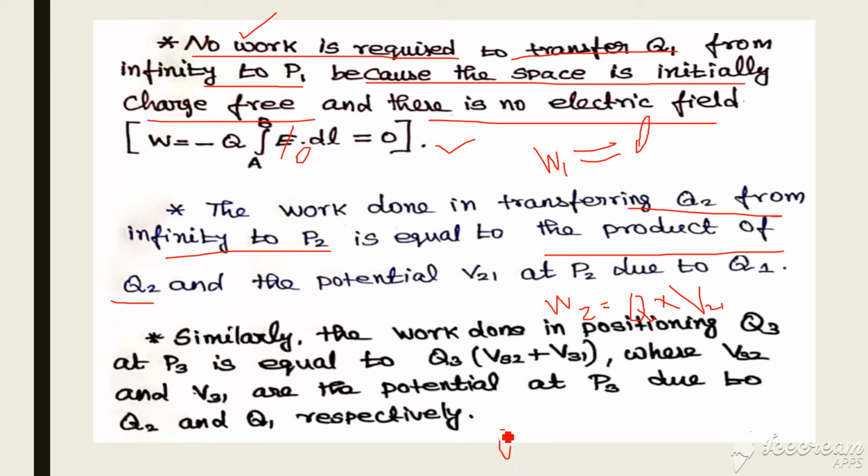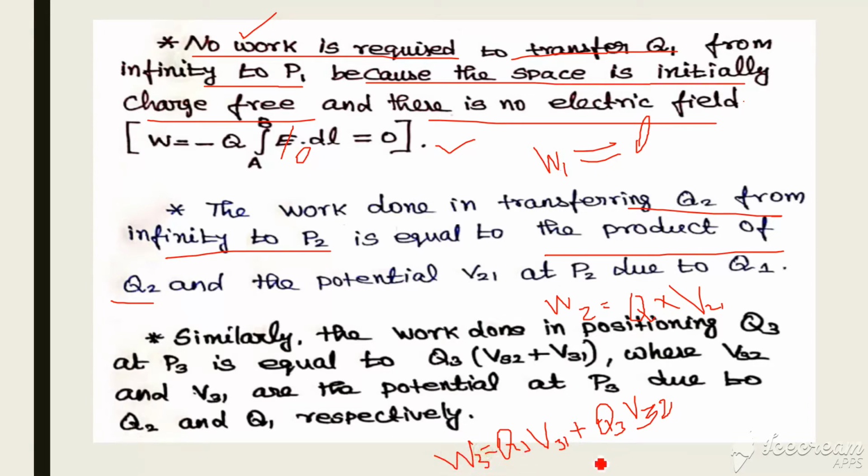Next, similarly, the work done in positioning Q3 at P3 is equal to the charge Q3 multiplied with the two other point potentials, that is Q3 into V31, the potential at point P3 due to P1, plus Q3 into V32, the potential at point P3 due to P2. This is nothing but W3.